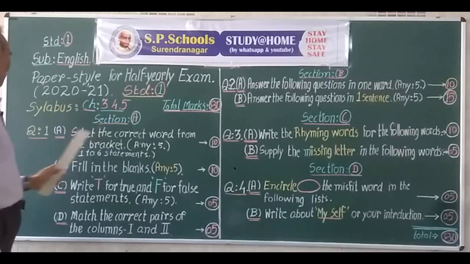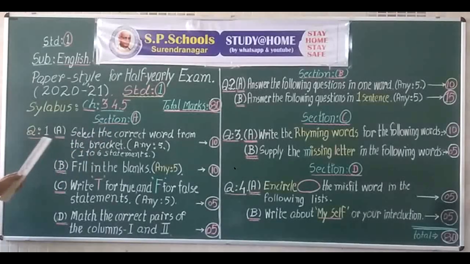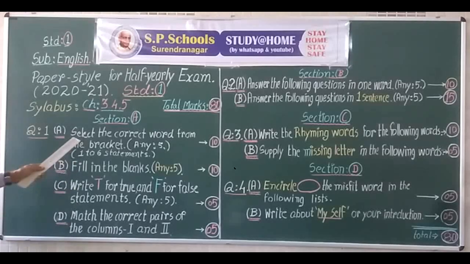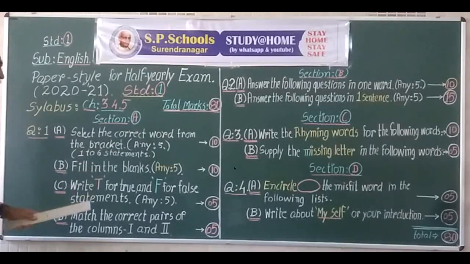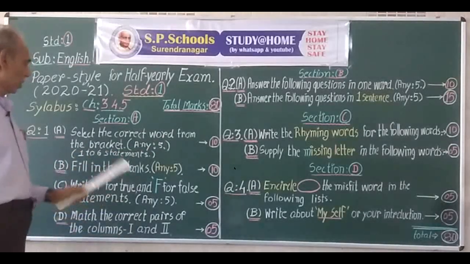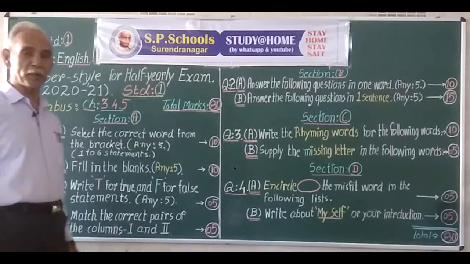Section A. Under Section A, there will be question 1A. In that question, you will be asked to select the correct word from the brackets, any 5. You will be given 1 to 6 statements.